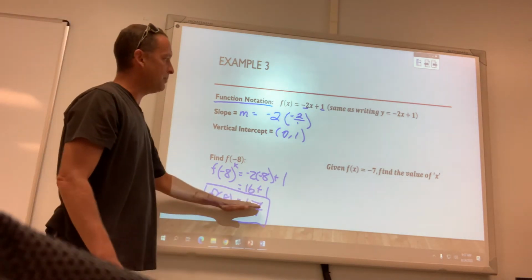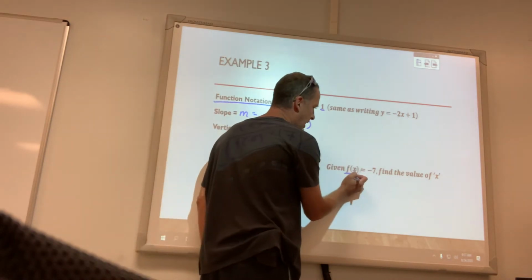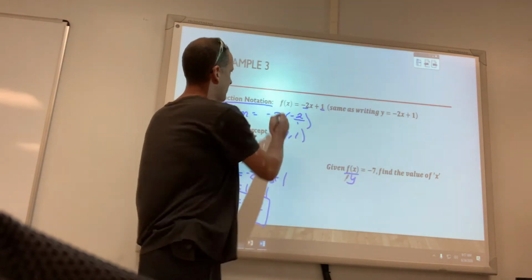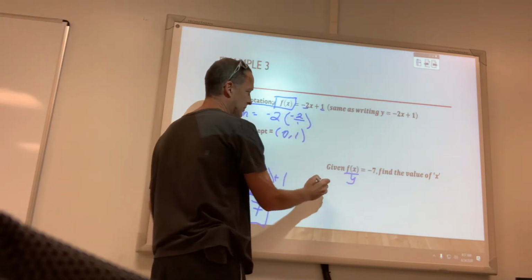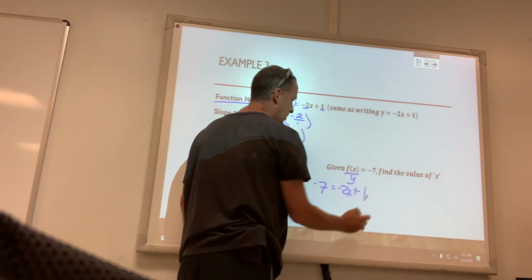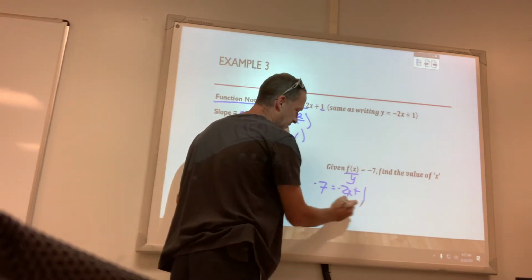Now this is a little bit of the opposite. Notice I told you f of x is the same as just writing y. So what I'm going to do is take -7 and replace f of x. So I've got -7 equals -2x plus 1. Now I just got to solve a two-step equation to get the value of x.